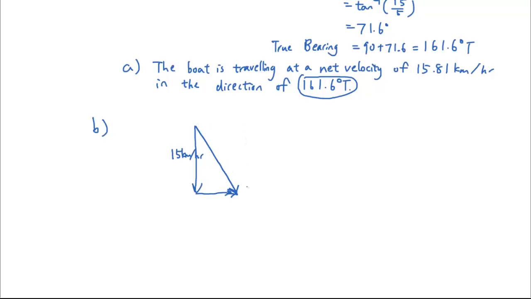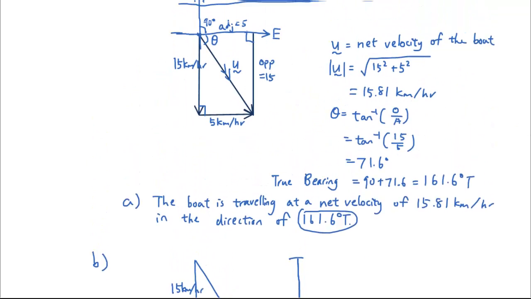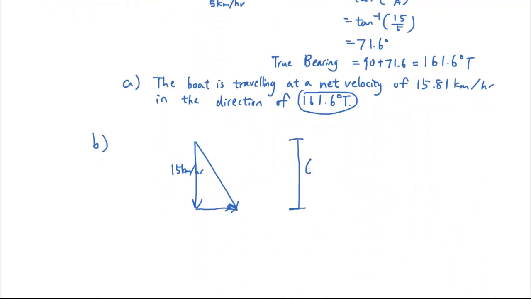When you are looking at the vertical speed of the boat, it is still moving downwards at 15 kilometers per hour. So the vertical distance that it has to travel to cross the river is 600 meters, which is 0.6 kilometers. So when you want to calculate how long it takes to cross the river, you're only looking at the vertical axis.